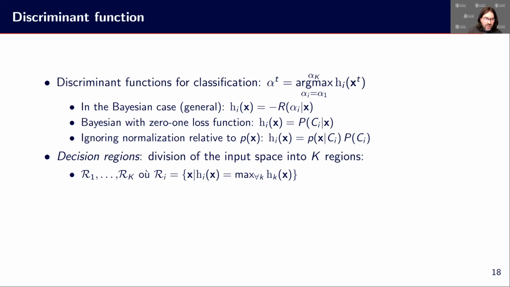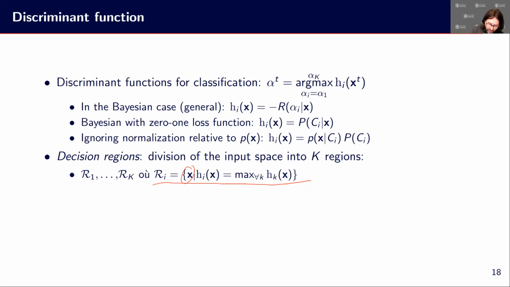From this, we can define what we call decision regions. So we could say that given our input space, we can partition it in K regions. So each of these regions corresponds to the region where the h_i is maximum. So this formulation here is just stating that let's get in the space of x, so the input space that we have.